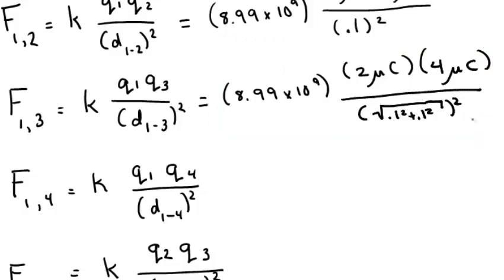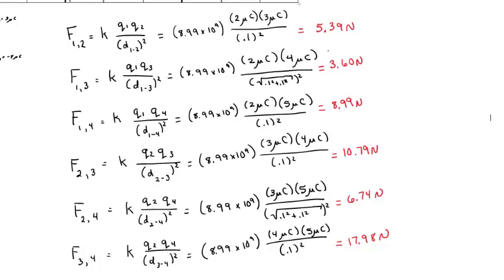I'm dropping the negative sign for the negative charge on 4 microcoulombs. All I want to do at this point is get a magnitude. I'm going to analyze whether it's a positive force or a negative force after I do all of my mathematics. Okay, I've done all of my calculations, and I've got magnitudes for the force between all of these pairs.